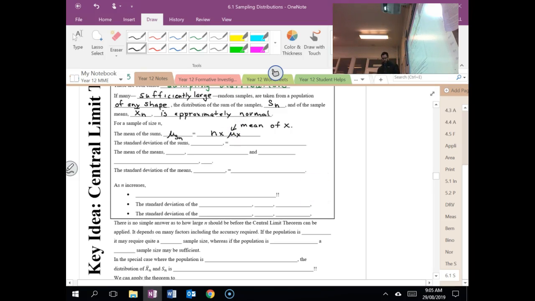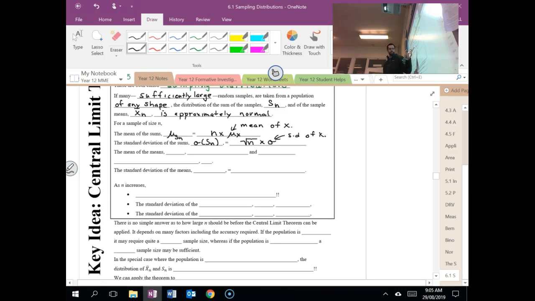And the standard deviation of the sums, sigma of Sn, is equal to the square root of the sample size times sigma, where this sigma is the standard deviation of x, where x again is our original distribution.